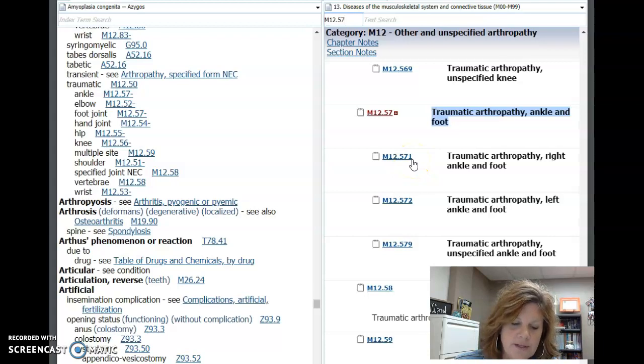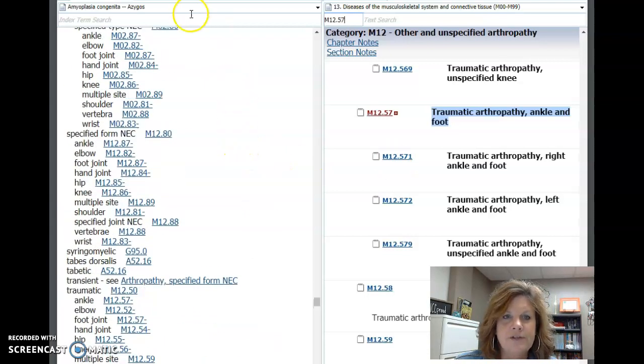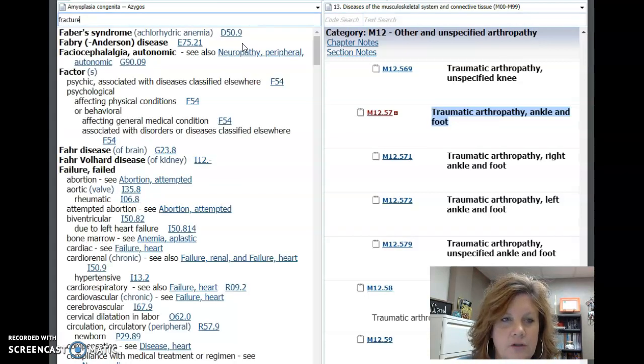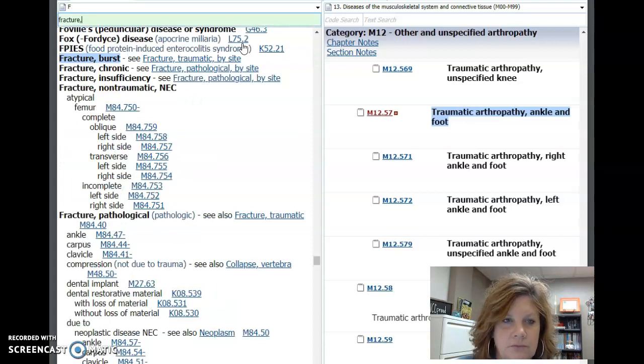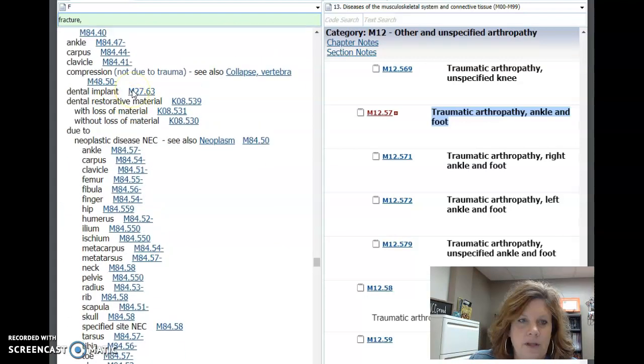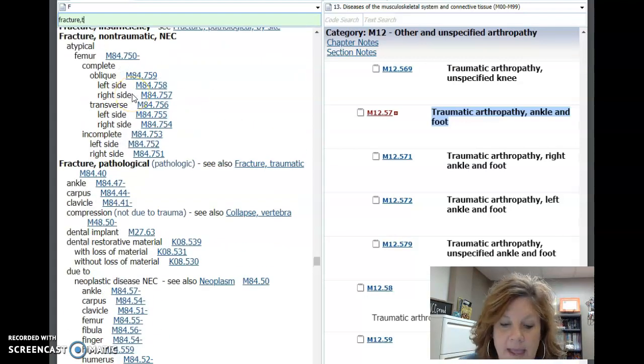Now though, it says following a fracture of the right ankle. So with this, again, you're going to look up the key term fracture. With fracture, a couple of different things. You're usually always going to look for traumatic fracture. So let's go to fracture and go down to traumatic.